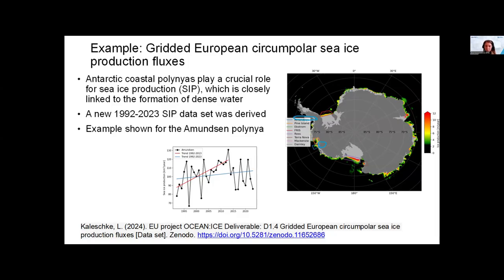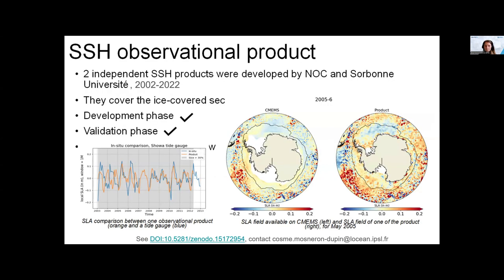And here is shown the mean areas in red where there's a lot of sea ice production, and you have a time series for a small area in the Amundsen Sea region. So lots of variability in there. It's available for everyone.